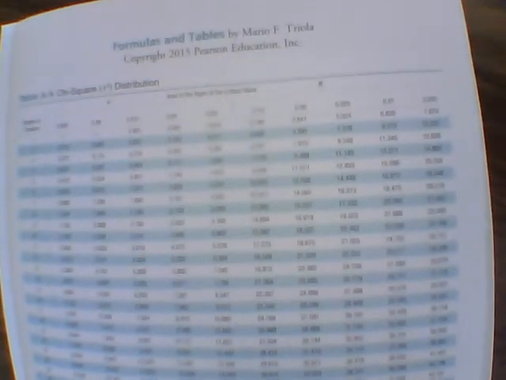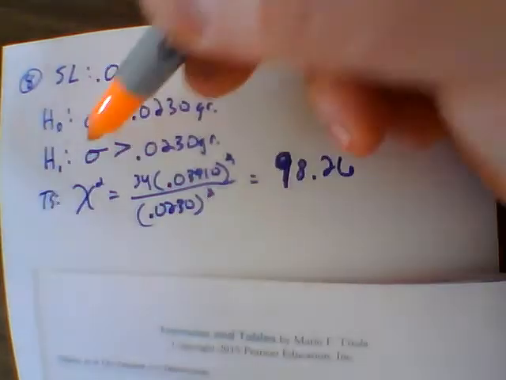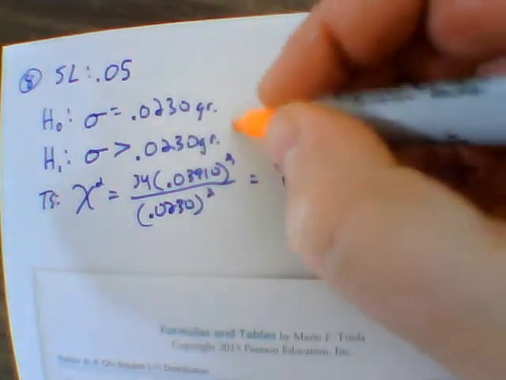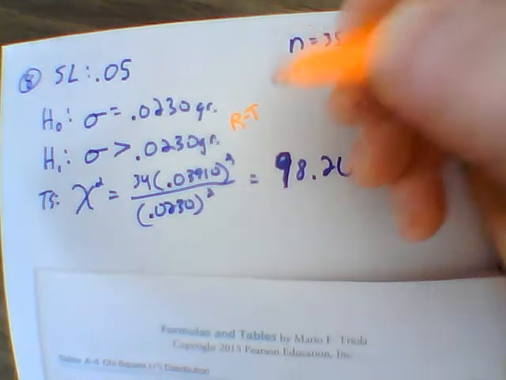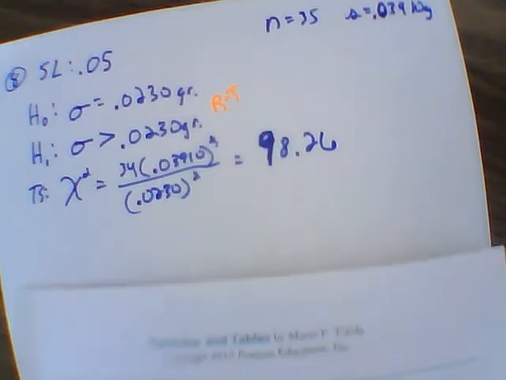Now, considering that we have a significance level of 0.05, I'm going to bring in my table. A little blurry, but I just want you to see where I'm going with this. Do realize that we want to be greater than, so we're talking about a right tail test here. That means we want the area to the right to be 0.05 for our significance.